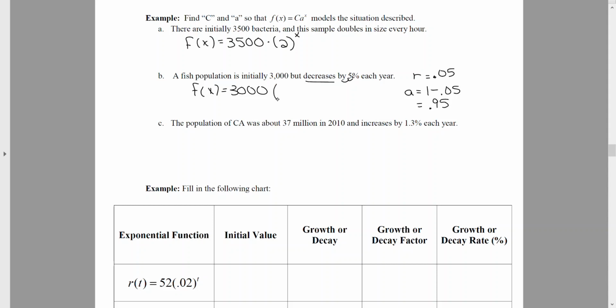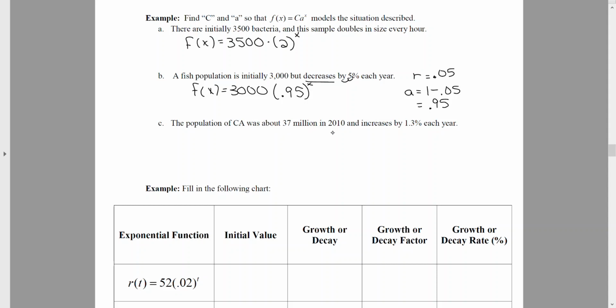So it's 3,000 times 0.95 to the x power. Notice, again, it's a decay function. We're decreasing by 5%, so we should expect that our number inside here is a number less than 1, but bigger than 0.